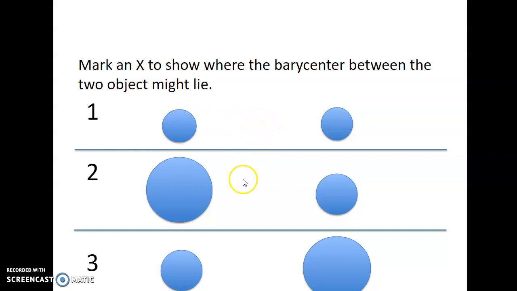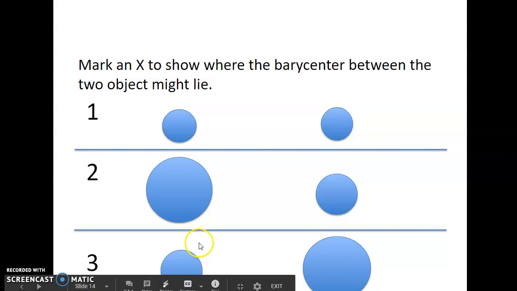And then example 2. So you notice that this binary body is much larger than this binary body. So we could think that because of its size, this binary body probably has a larger mass. And therefore, our barycenter would be closer, somewhere around here.